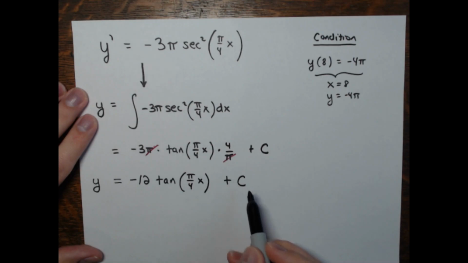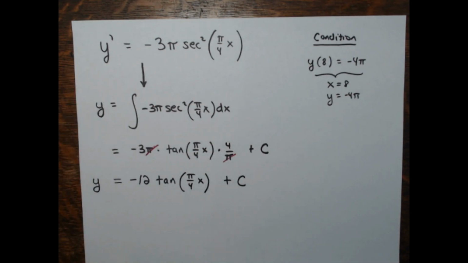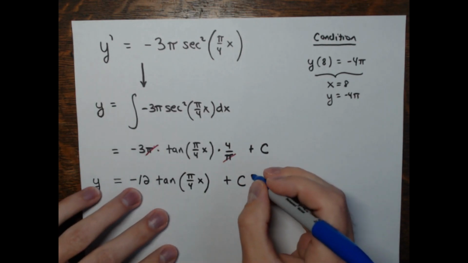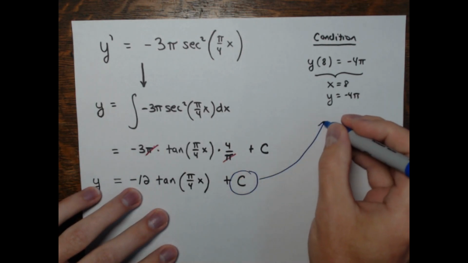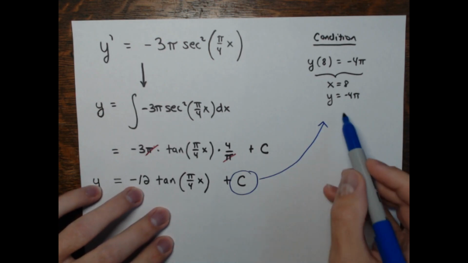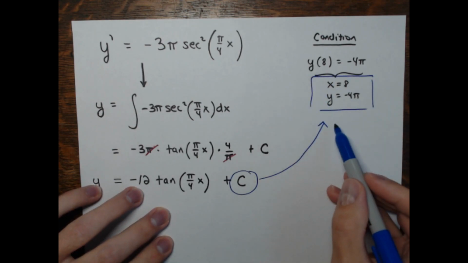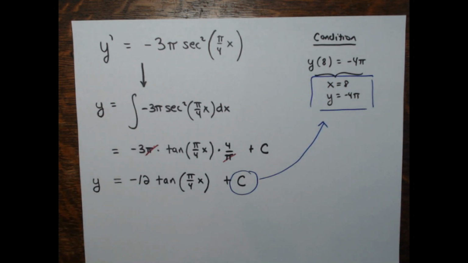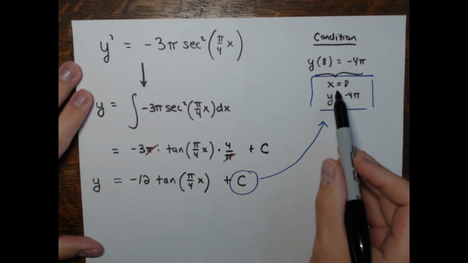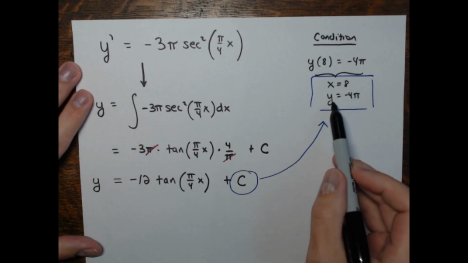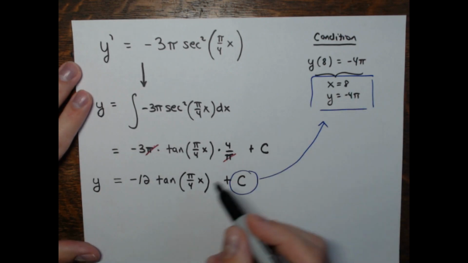All right, but now I need to find this constant so that we satisfy this condition. So I'm going to do that. Replace all the x's with 8 and all the y's with negative 4 pi.